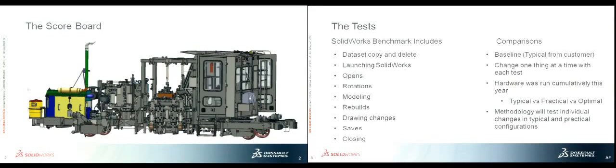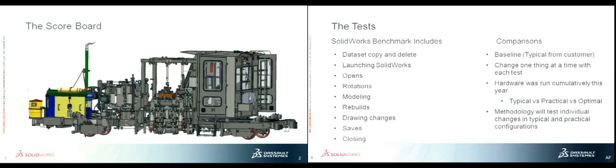Now, the ways we're trying to compare things: we have a benchmark that's kind of the typical machine that we see from a customer. It's a low-end machine that we start with, and we keep changing things one thing at a time so that we can measure the effect of that one thing. We've always done it one thing at a time and then backed up to the baseline and changed one more thing, always measuring that one thing.